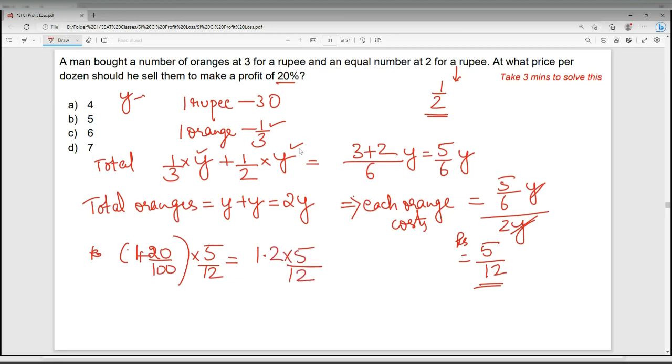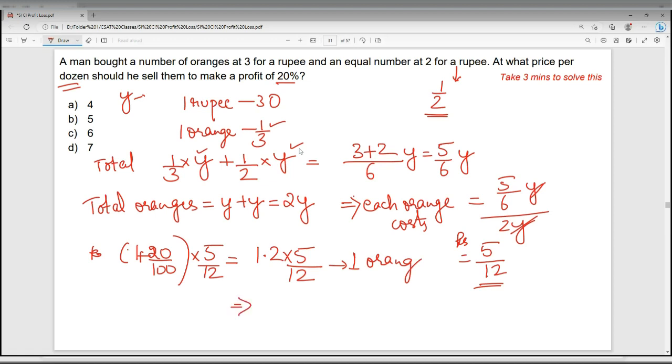And then they're saying, what if he has to make the same profit if he's selling a dozen. A dozen is 12 oranges. This is for one orange, so for a dozen oranges you have to multiply this by 12.